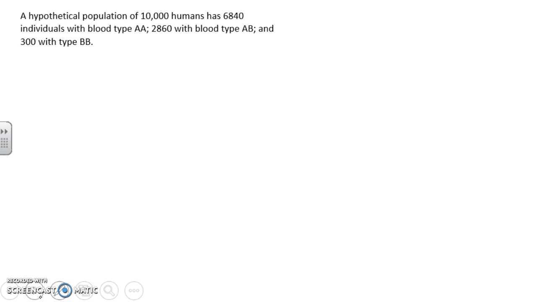So we don't care in this case which one is which. The easiest way to figure this one out is to take each one. So that will give me AA, 2860, that is the heterozygous. So we know that this is 2pq, and 300 of the individuals have this one.